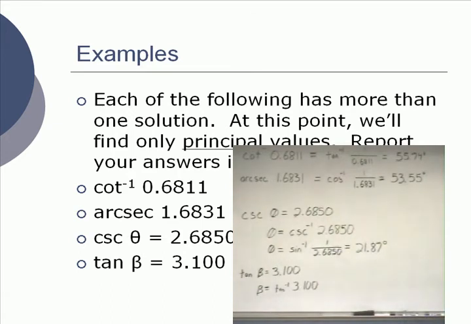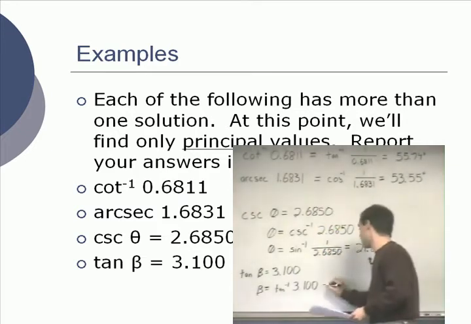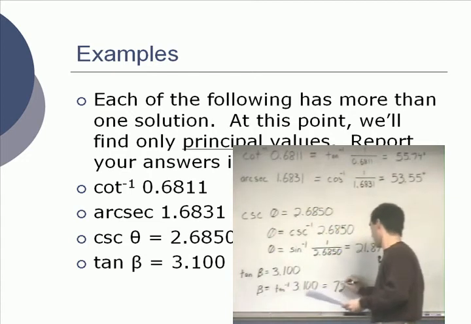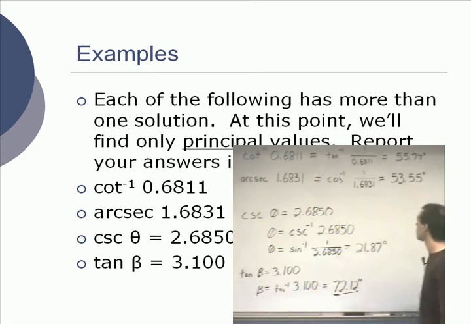No. You will learn to like sine, cosine, and tangent very much, and you'll learn to think slightly less of cotangent, secant, cosecant. Well, inverse tangent of 3.100, you can just do that on your calculator directly. It's already in terms of inverse tangent. That should give you 72.12. There they are.